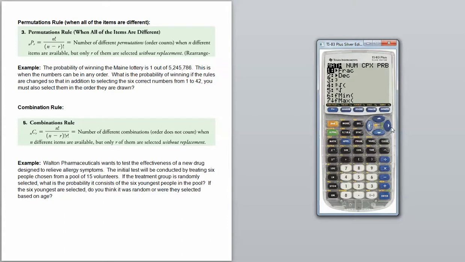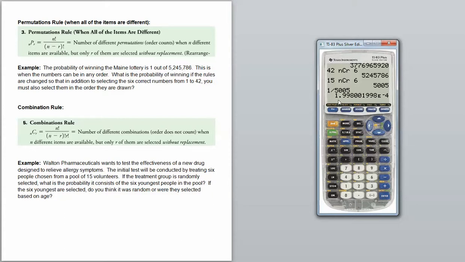So hit the Math key, over to Probability, a combination, 15 people, 6 chosen at a time. We end up with 5,005, so our probability would be 1 divided by 5,005.